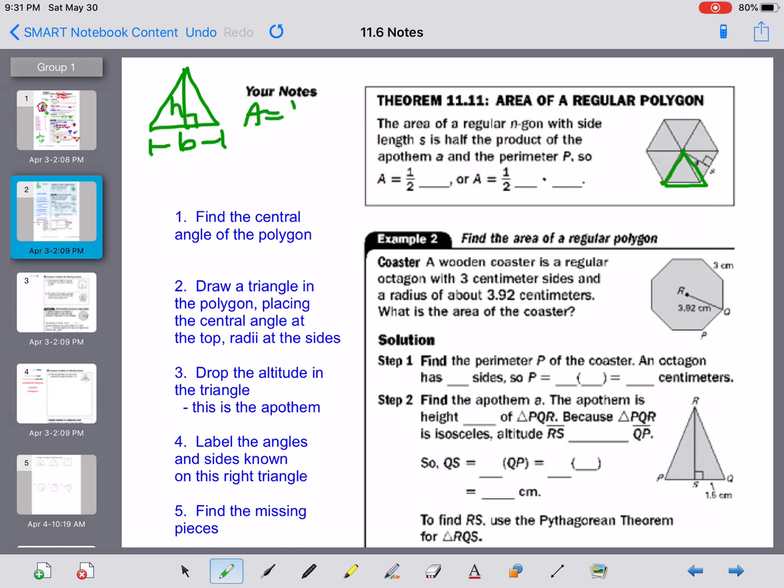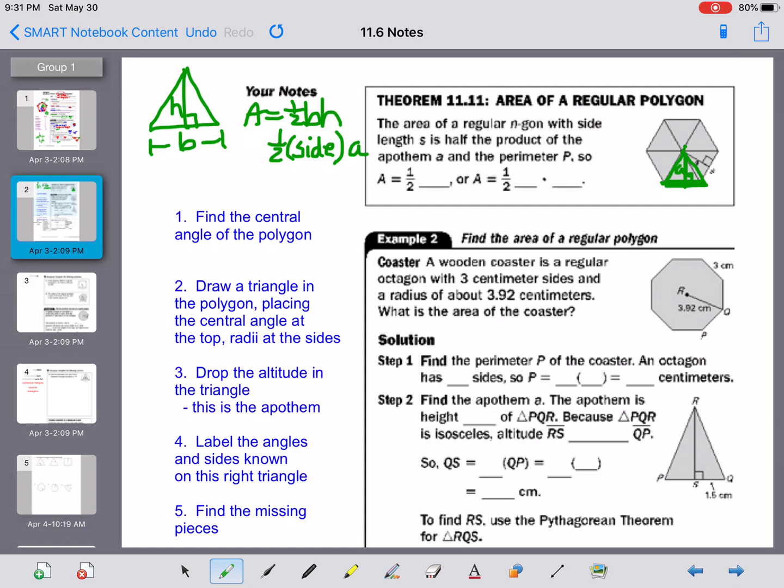Okay, so the base here is the side of the hexagon. Its height, oh wait, that goes from the center perpendicular. Well, that would be the same thing as the apothem, right? So if I took 1/2, I took the side of the hexagon, and then I took the apothem, I could find the area of one of those triangles.